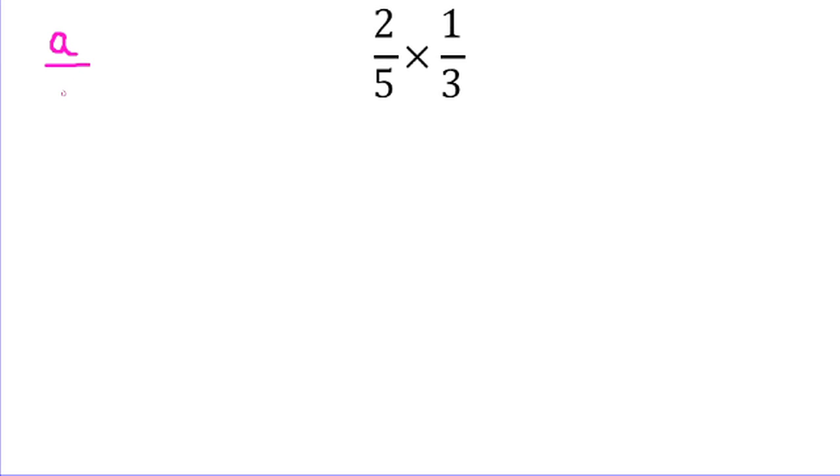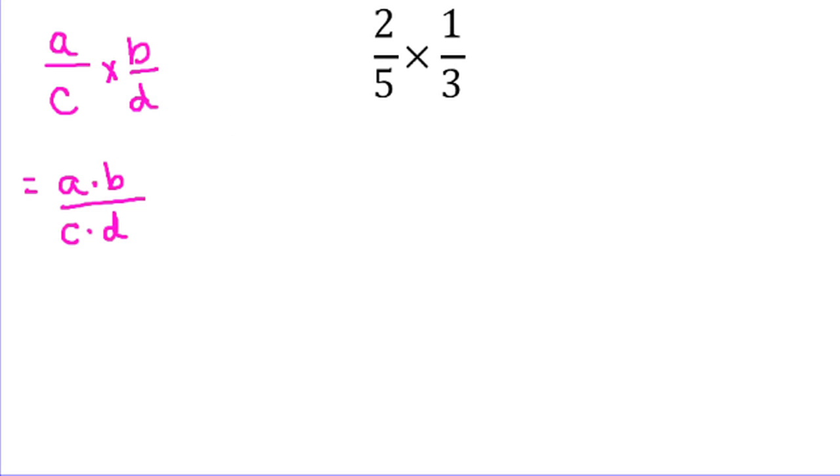fractions. Usually the way to think of this is if you have A over C times B over D, the way to look at this is to just multiply the numerators together, A times B, over the denominators, C times D. So we just multiply the two numerators together and then multiply the two denominators together.